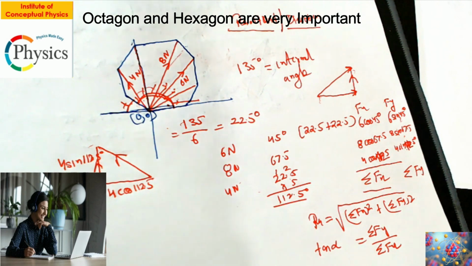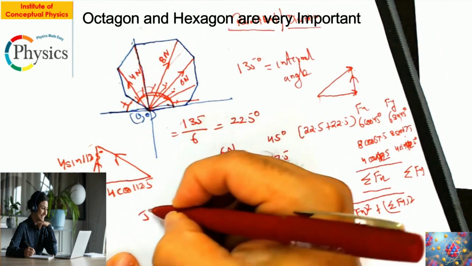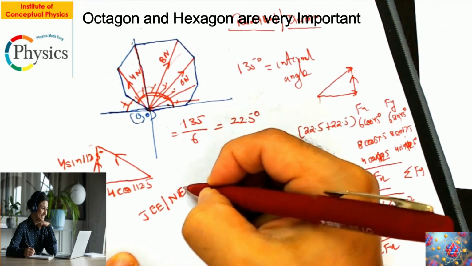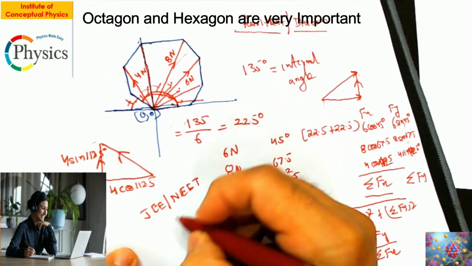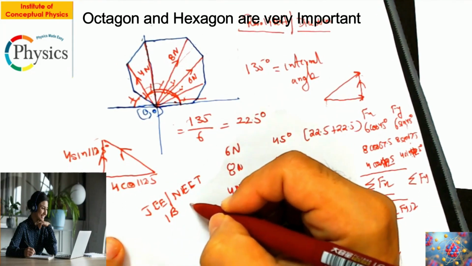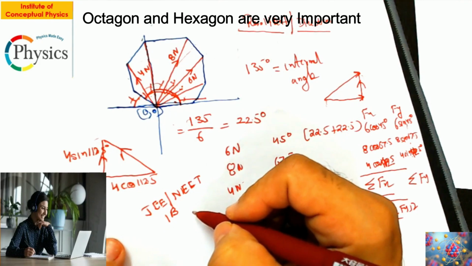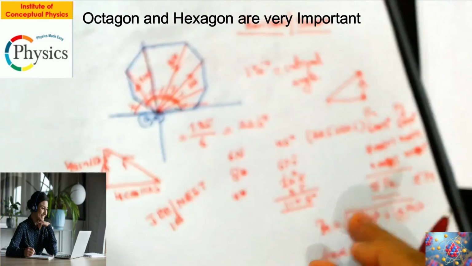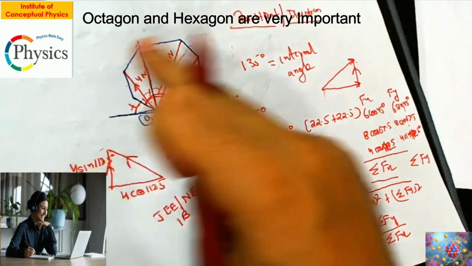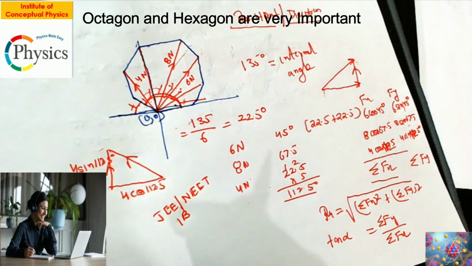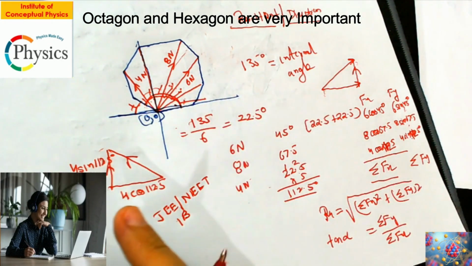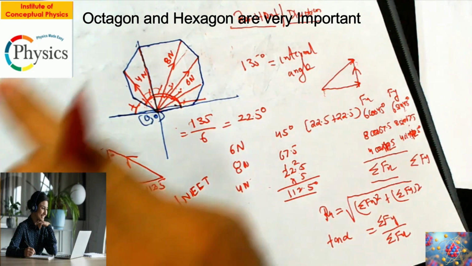If you're preparing for an exam like JEE or NEET, or you are a student of any other board, such as the IB board, or you're doing A-level physics, or honors in physics, and you're doing the topic of mechanics, I think a good strategy will always be to concentrate on the concept of geometry. I think geometry helps you tremendously in solving such numericals pretty fast.